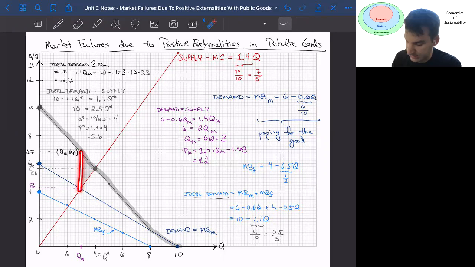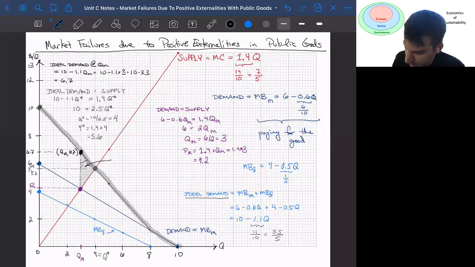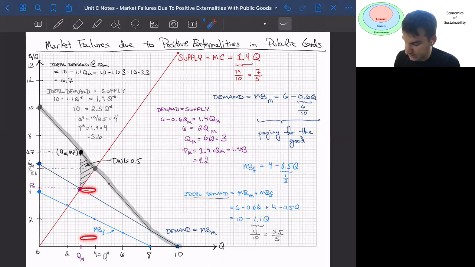So I will write in here that this region, the deadweight loss, is equal to 1/2 times the base, which is this distance, which is just Q star minus QM, where Q star we see is equal to 4, and QM, if we look up here, is equal to 3.